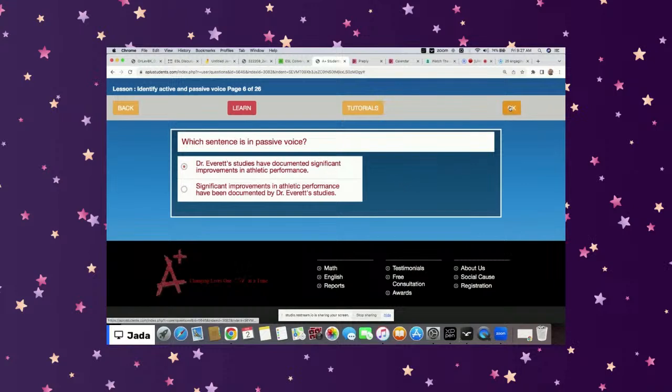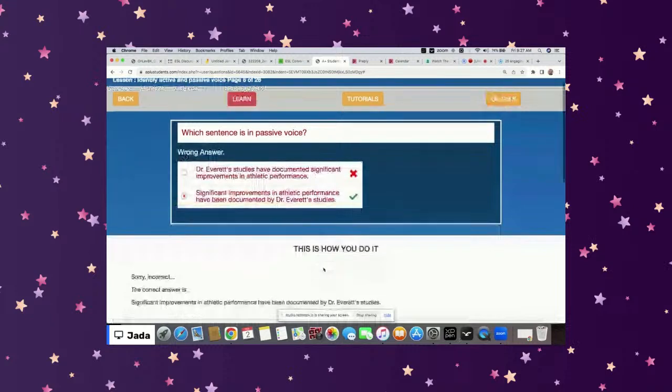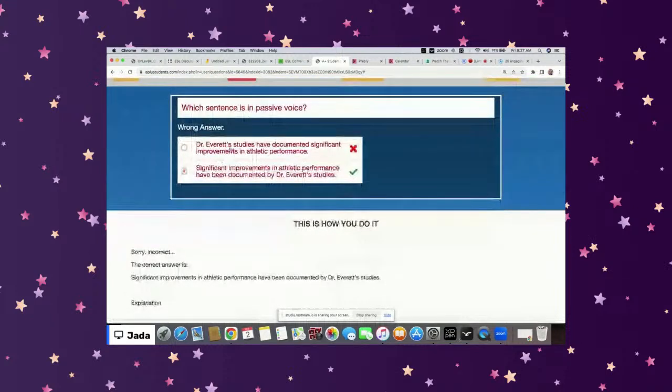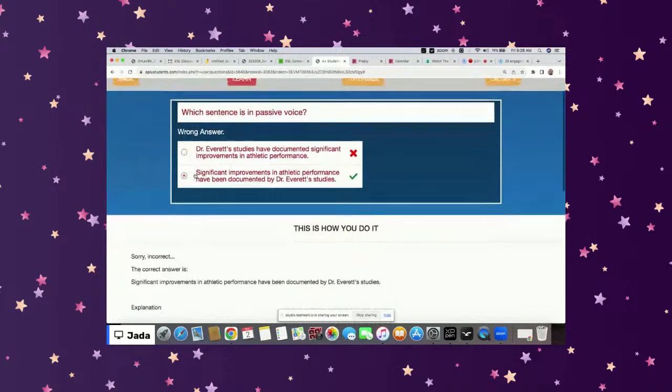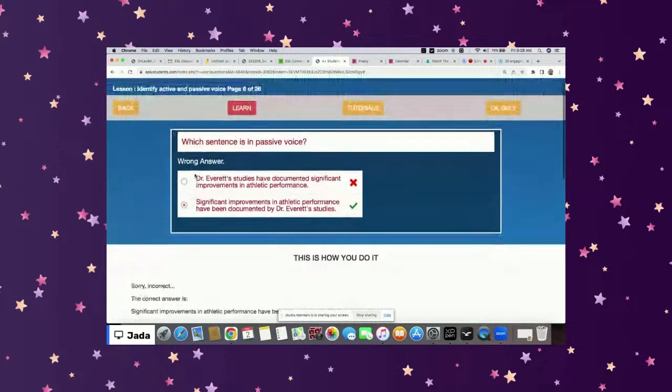If you pick the first one, you see that it is wrong because this one shows that Dr. Everett is performing the action. He is the one performing. But if you read the second one, it shows that this is receiving the action. So get the difference.